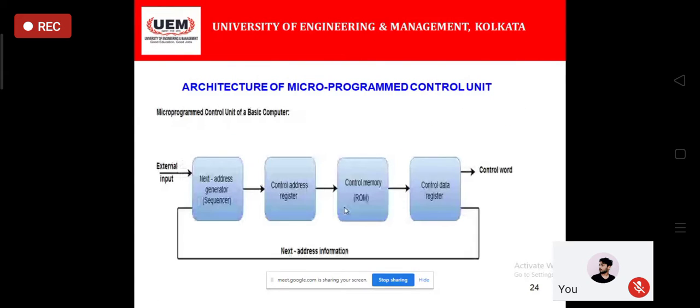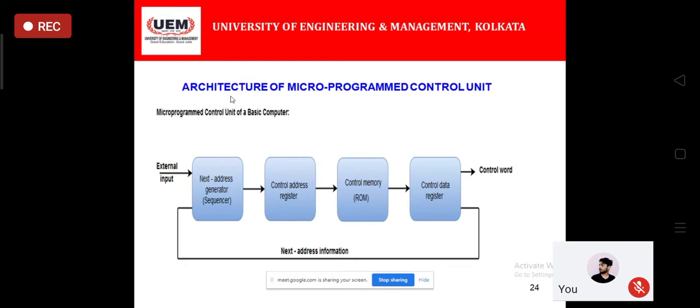Now, one diagram followed by 2 or 3 slides of explanation. The explanation part, I am not going through the slides. It's written there, but I'm explaining just normally. So the first question is: explain and draw the architecture of the hardware control unit, 7 marks or 10 marks.